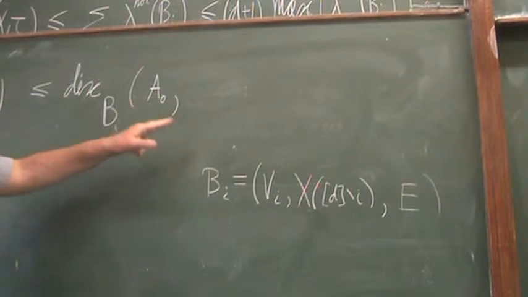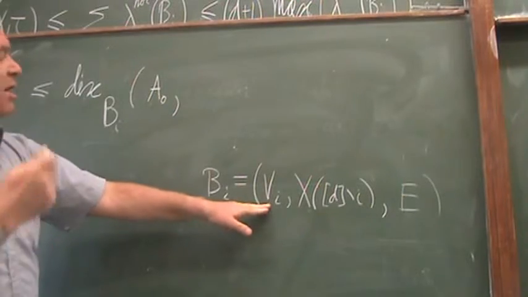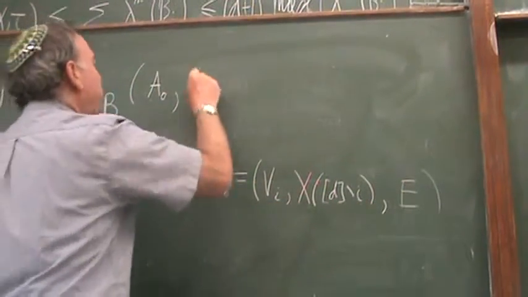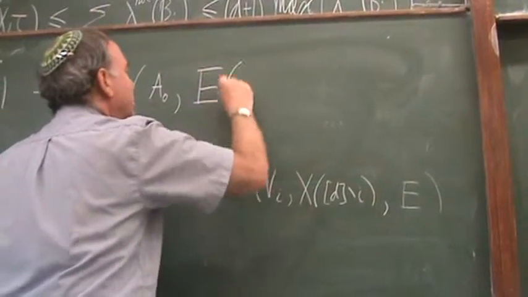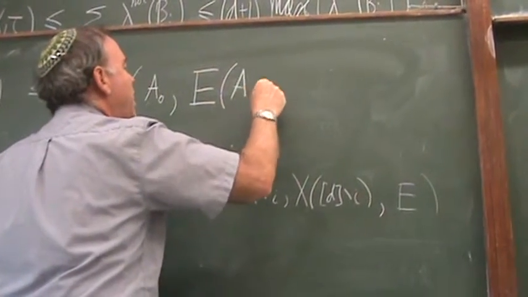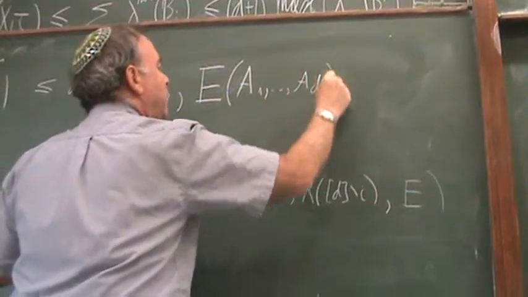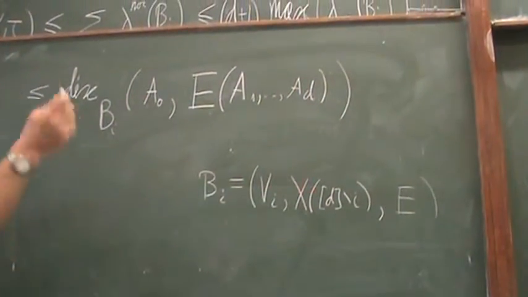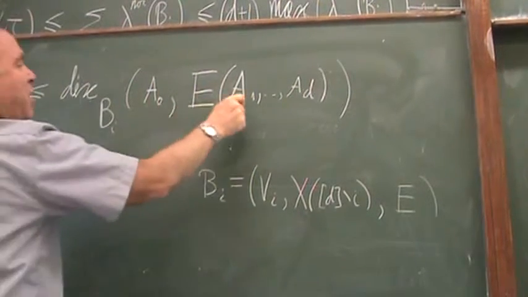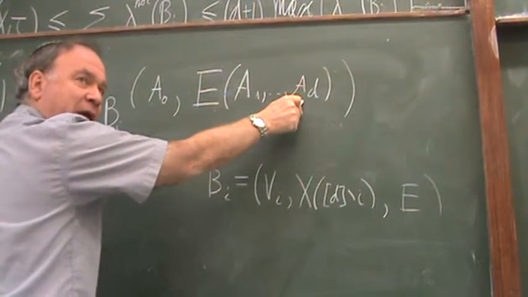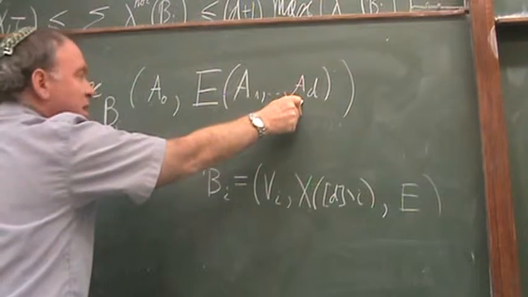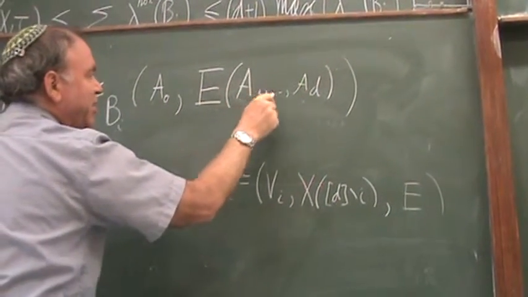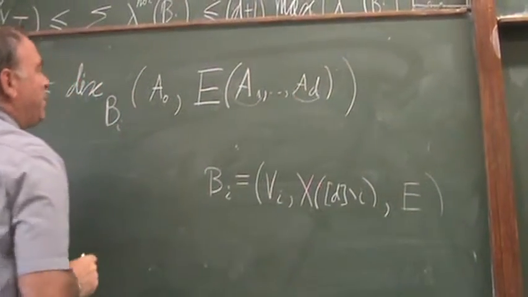On one side, I have to put a set in V_i. On the other side, I have to put a subset of this. The subset of this will be all the walls of A_1 up to A_D. So I take the walls of type A_1 up to A_D, namely all the walls without 0, but such that the vertices inside them are in A_1 up to A_D.